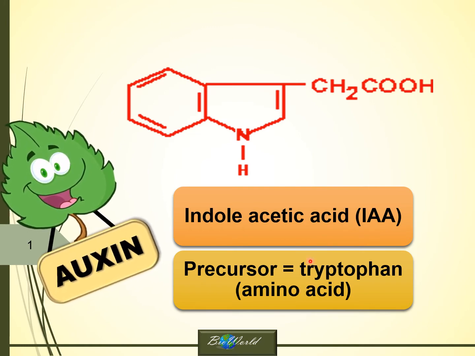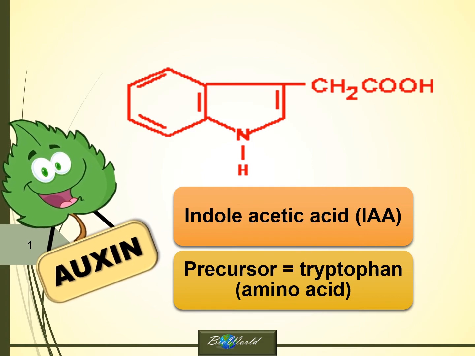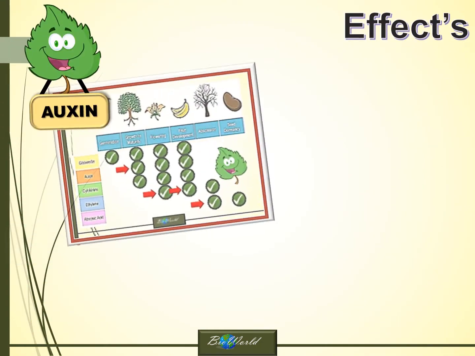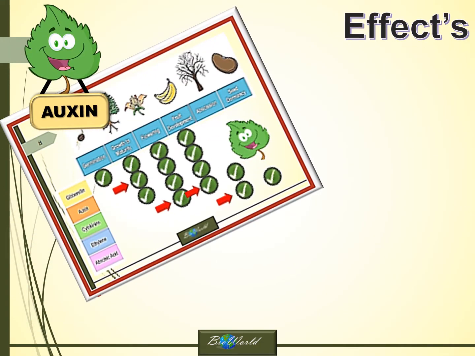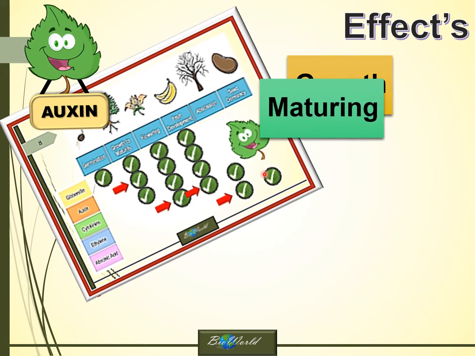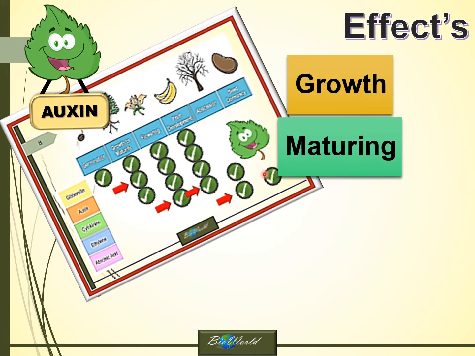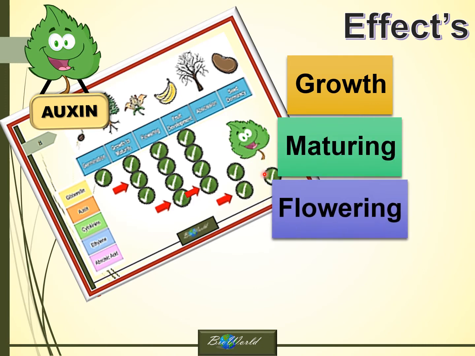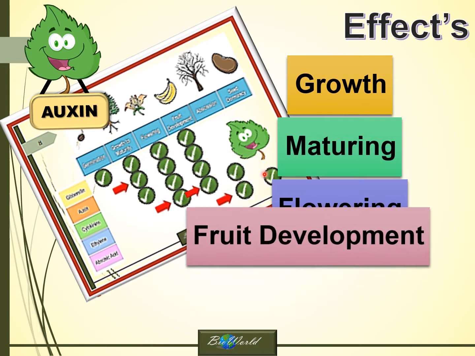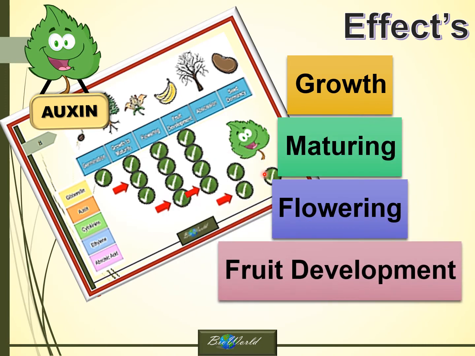So we move on next to the effects of auxin, which I introduced in my earlier video. Just to summarize the role of auxin, auxin is necessary for growth of the plant, for the maturing of the plant, for the flowering process, as well as fruit development.